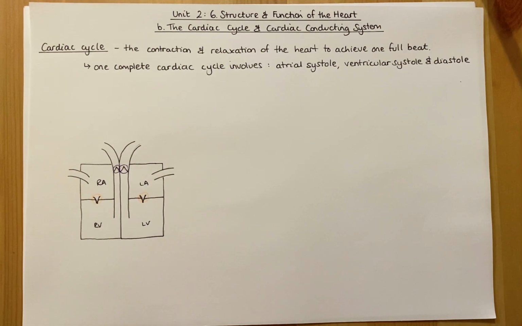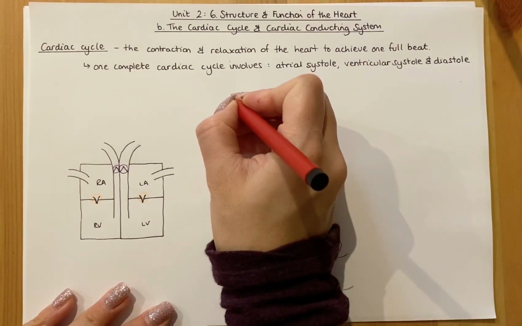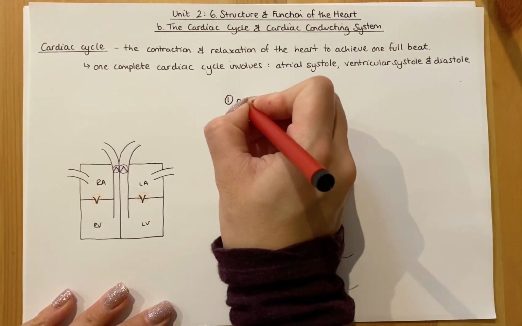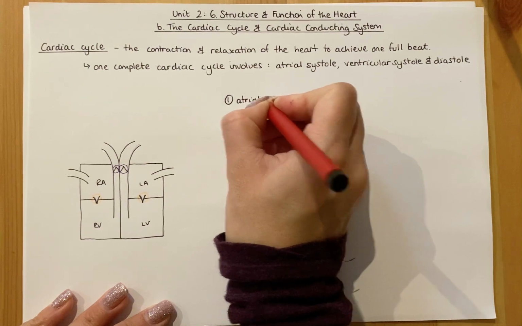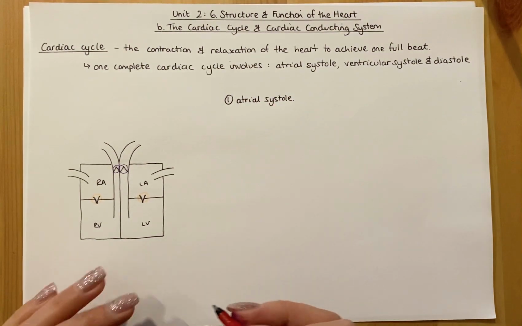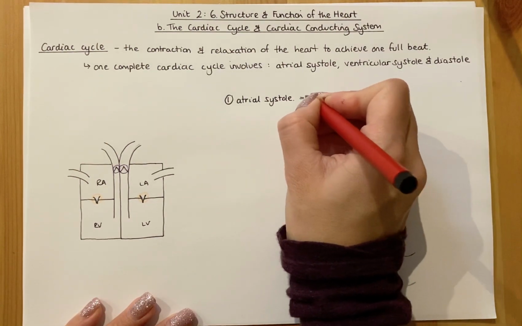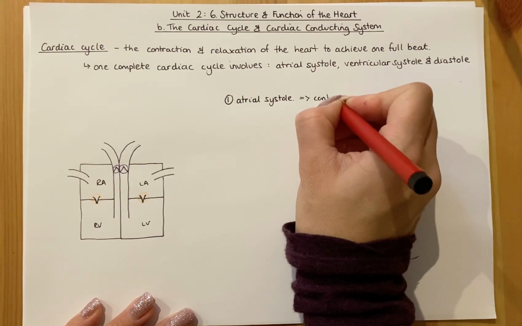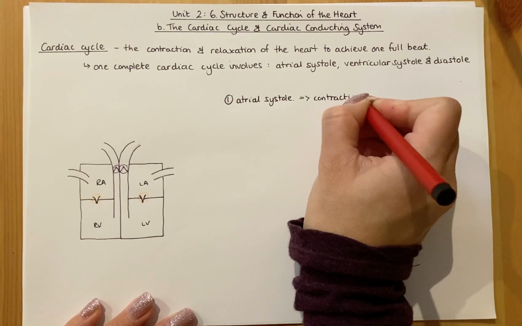Initially, your heart will have to contract to squeeze blood from the atria into the ventricles. So that is atrial systole, the first part of this. In atrial systole, your atria are the things that would contract, because systole means contraction.